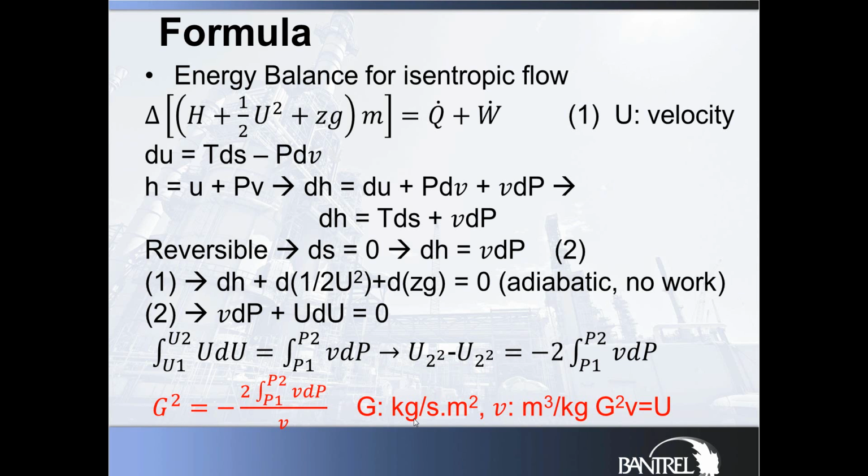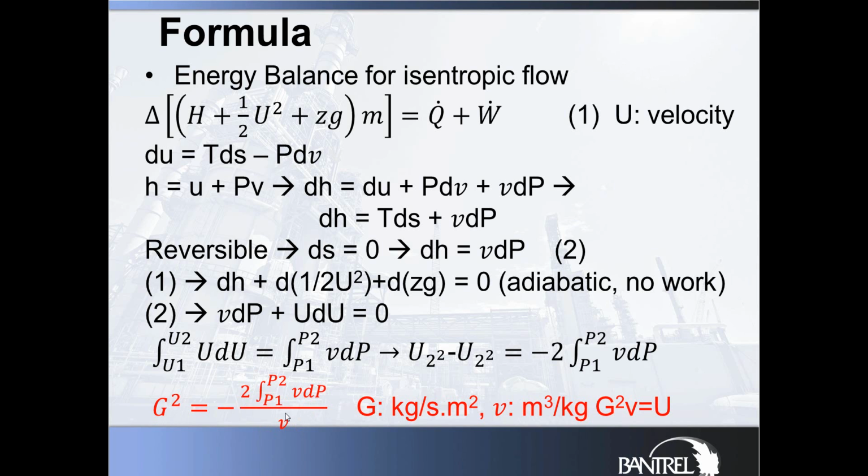G is kilogram per second per square meter, and v is cubic meter per kilogram, specific volume, or G^2 times v equals u. So each of these formats can be used. And this is flux. So flux is the square root of minus 2 times the integral of dP divided by v.